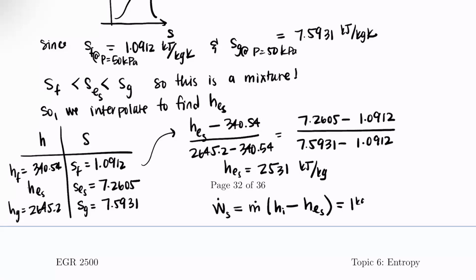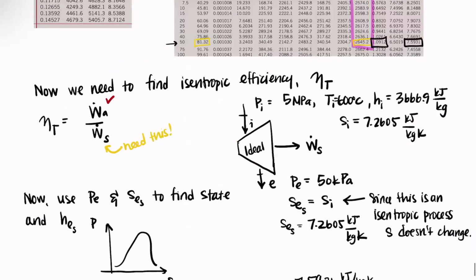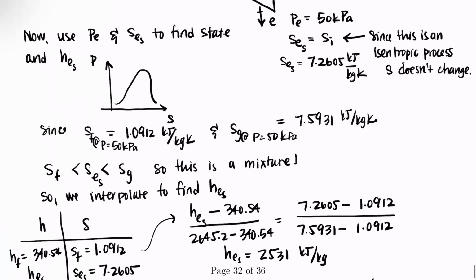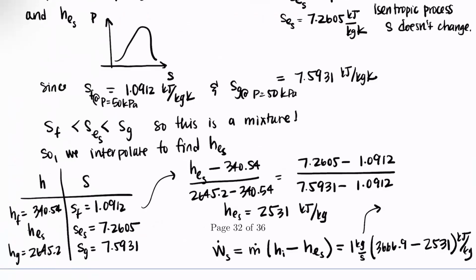So we have our 1 kilogram per second, and our inlet enthalpy is 3666.9 minus our ideal exit enthalpy of 2531, in kilojoules per kilogram. So we get that our isentropic power output is 1136 kilowatts.